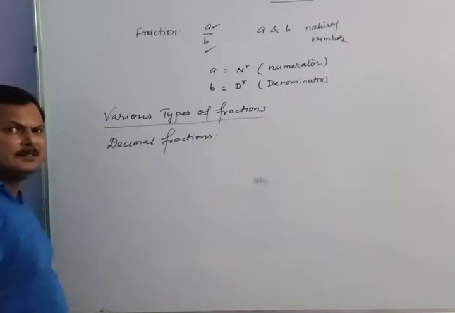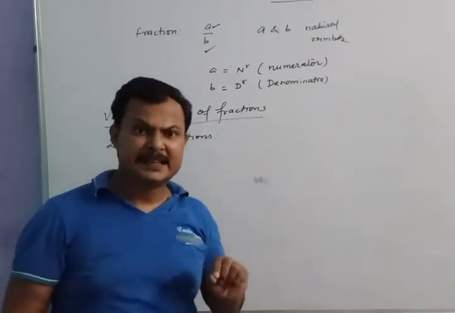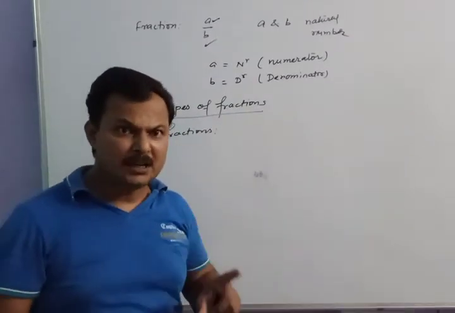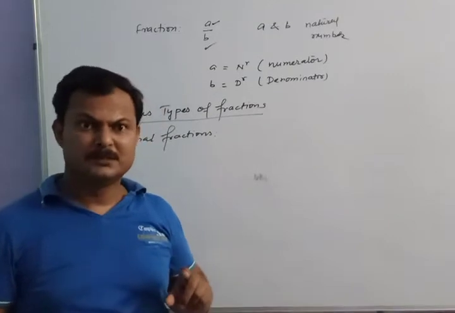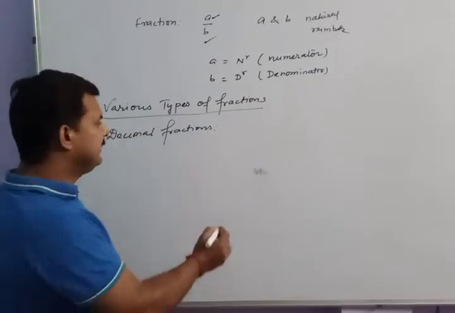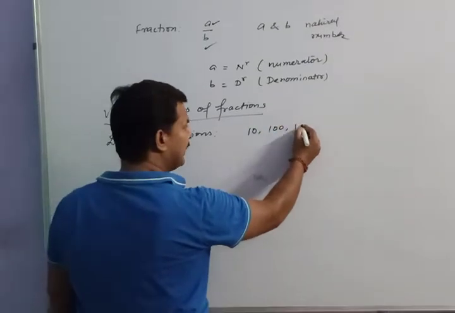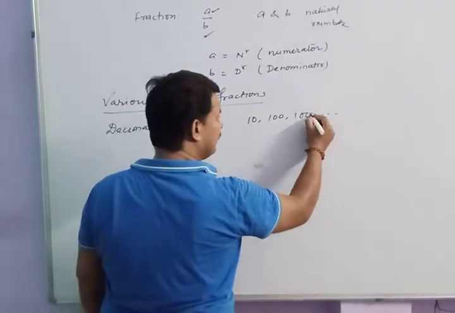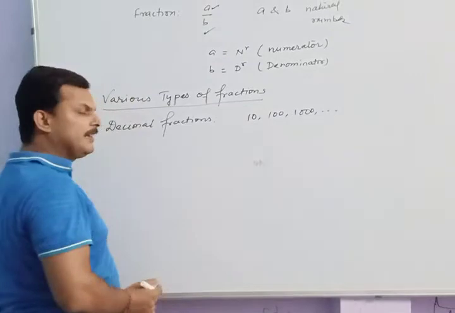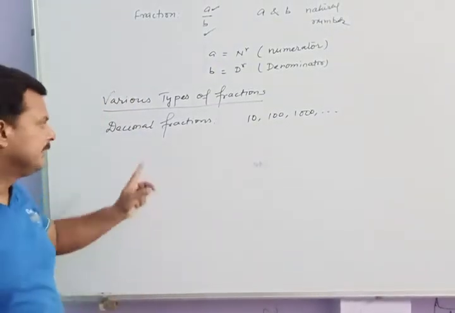The fraction whose denominator is 10, 100, 1000 and so on. Clear? If the denominator is either 10 or 100 or 1000 or so on, this type of fraction is said to be decimal fraction.